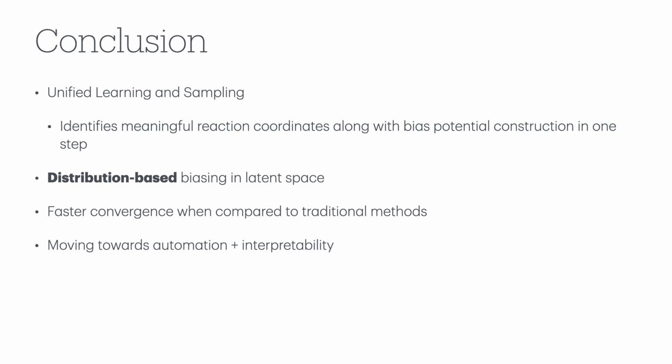We're not looking at the z's, we're looking at the distribution of z's, and from that, figuring out our reaction coordinate. We saw that there was a faster convergence when compared to traditional molecular dynamics methods. And it's moving enhanced sampling away from intuition-dependent workflows while still trying to preserve the physically interpretable nature of enhanced sampling.